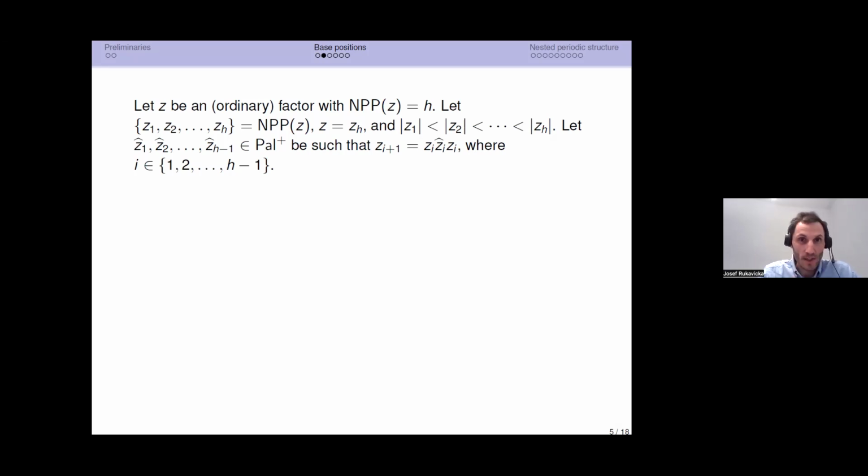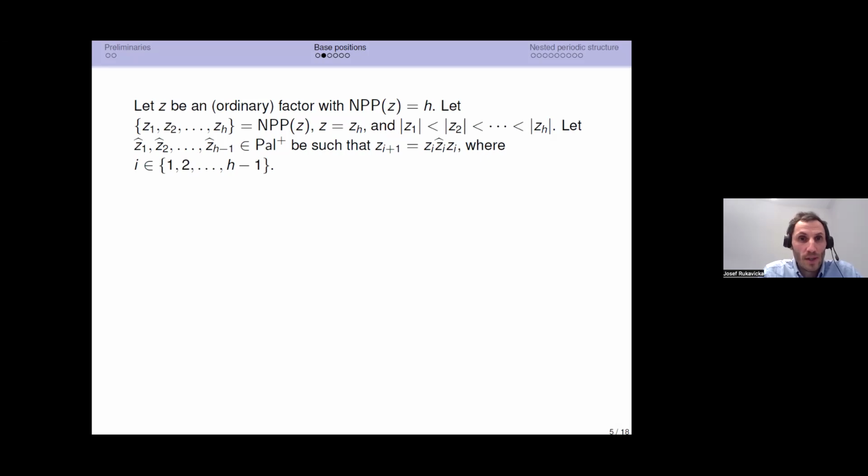Also, I define that the word Z is a palindrome itself, a non-periodic palindrome, and then I can say that Z is equal to ZH. And then I define that Z1 is shorter than Z2 and so on.